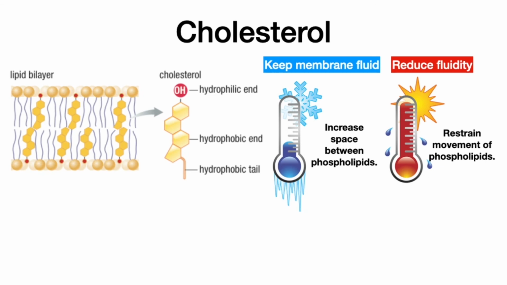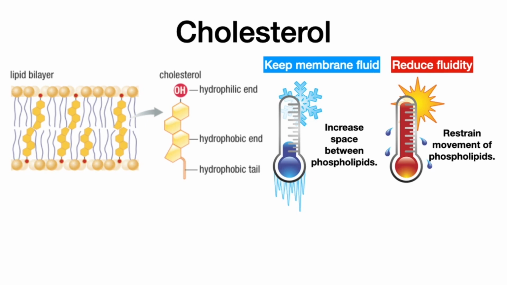In animal cells, another factor that keeps the membrane fluid is cholesterol. Molecules of cholesterol can be found embedded within the phospholipid bilayer in the membrane. The role of cholesterol is to basically dampen the effect of temperature changes in the membrane. So cholesterol acts a bit like a buffer, preventing lower temperatures from lowering the fluidity of the membrane, but also preventing higher temperatures from increasing the fluidity too much.